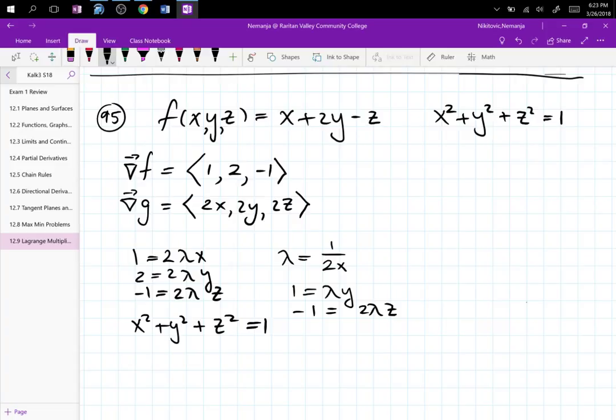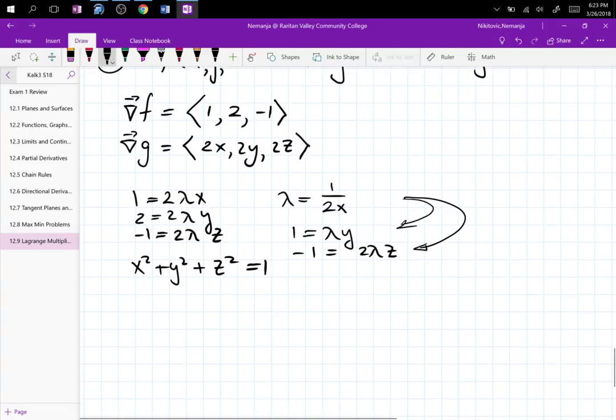So now I can plug this lambda into both of these equations, eliminating lambda. So I will have that 1 is equal to y over 2x, and I will also have that negative 1 is equal to, instead of lambdas, 2z over 2x.